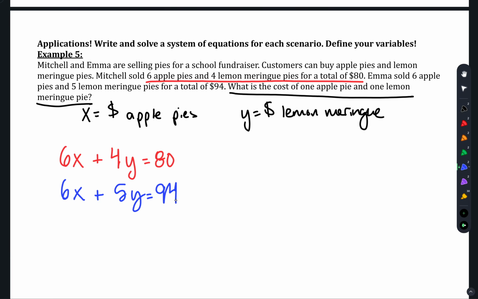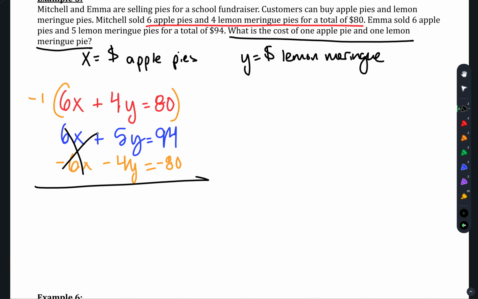And now I'm just going to eliminate. What do I need to multiply by to get opposite coefficients? Let's multiply the top one by a negative 1. Let's get negative 6x minus 4y equals negative 80. The elimination is super easy on this one. We have y equals 14.